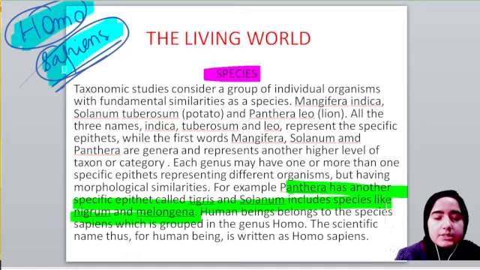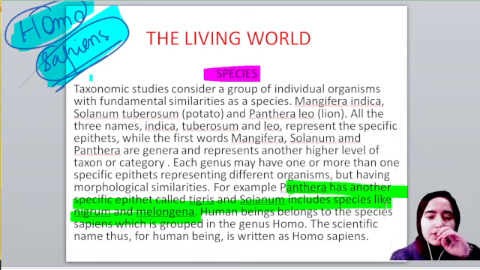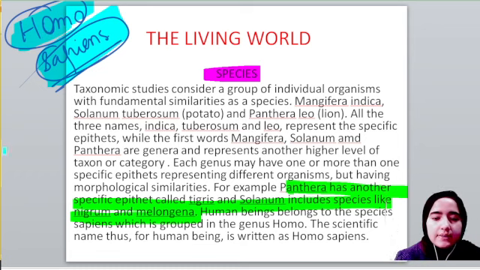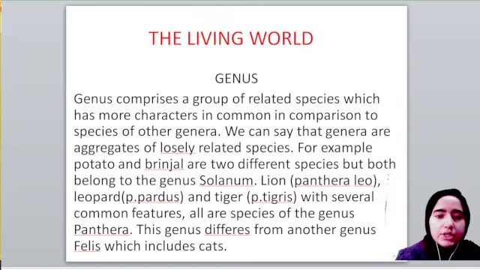Okay, I hope this concept is also clear. Very nice. We will move forward. It was all about species. You shouldn't get confused about what species is. Species simply means a group of individual organisms with fundamental similarities.